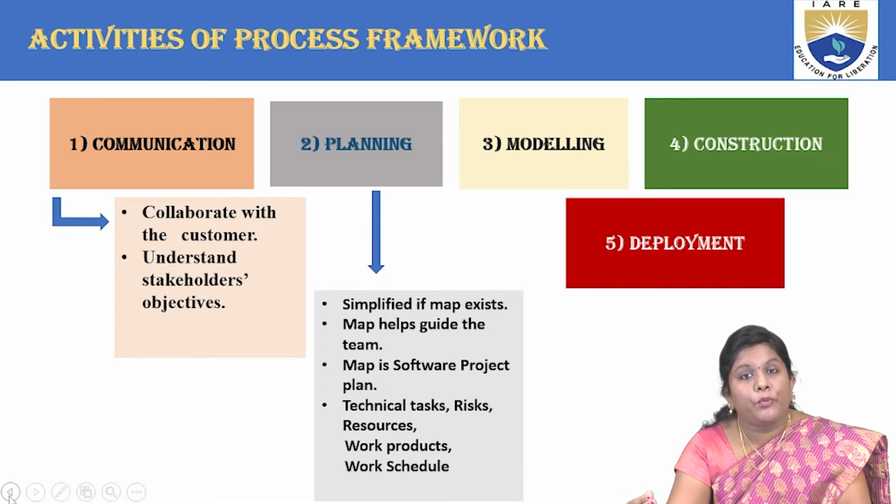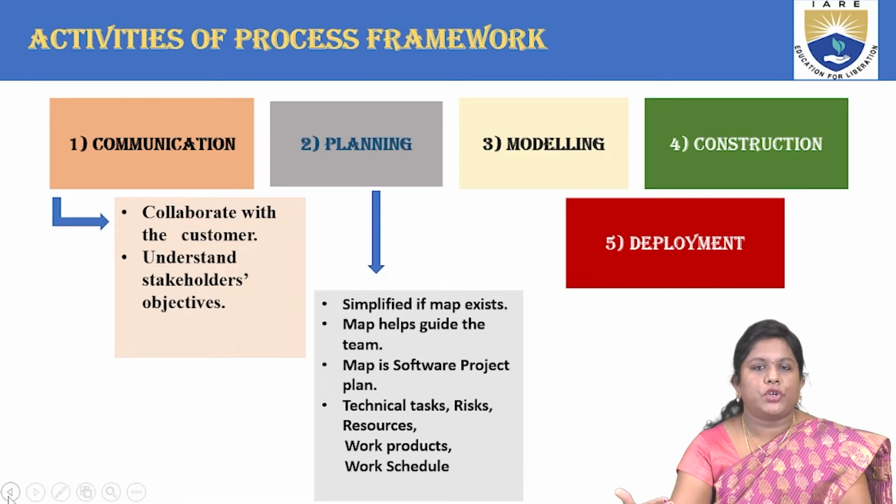As we have said, a process framework includes a set of umbrella activities acting as a base for the entire software engineering. So to elaborate on the process framework, we need to discuss these 5 broad categories or activities. I repeat, they are communication, planning, modeling, construction, and deployment.